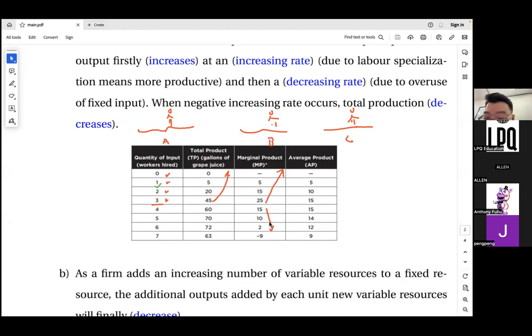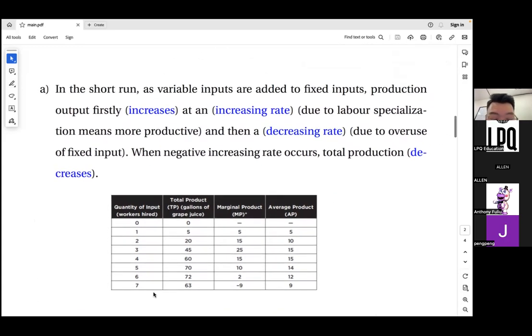Why does the productivity, the efficiency of your business, begin to decrease here? Because we are overusing the fixed resources. Just because the 3 coffee makers are not enough for more people. 3 coffee makers are not enough for a total of 4 units of labor, 5 units of labor, 6 units of labor, right?